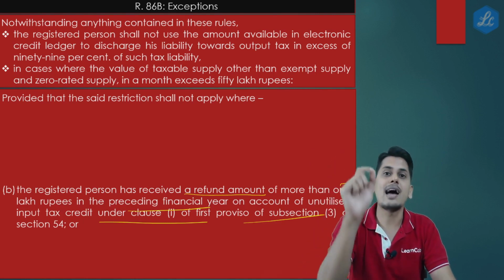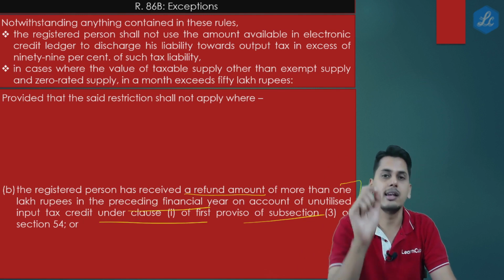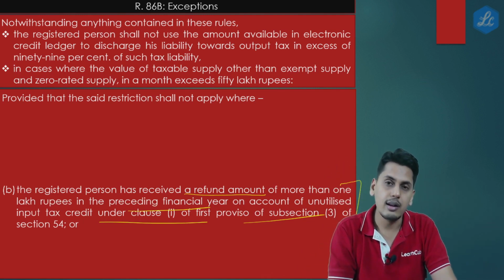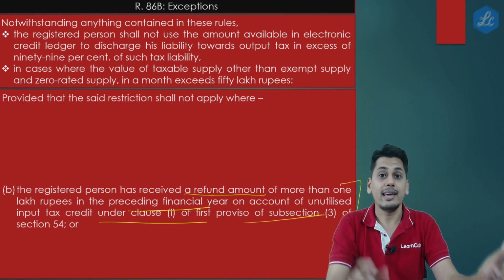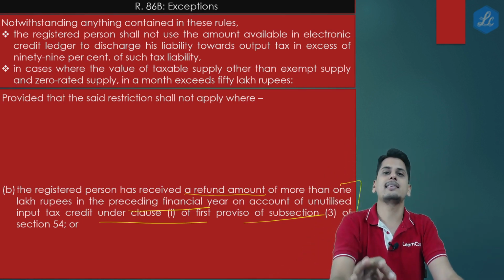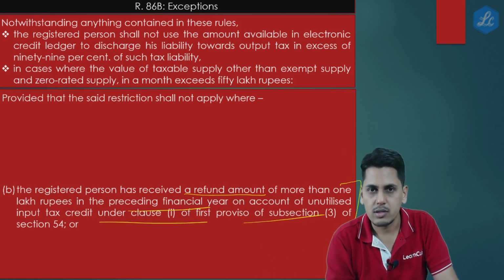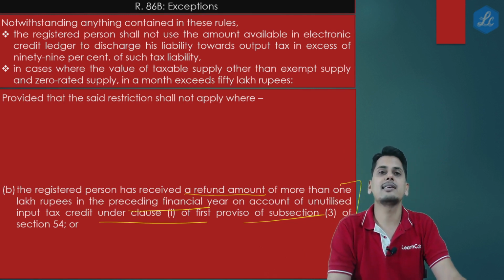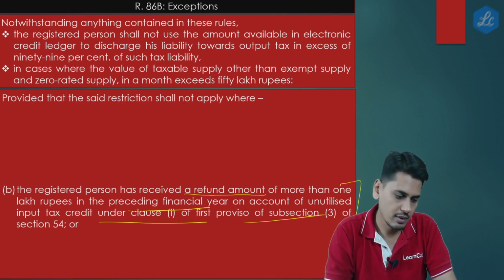For the reason of having made a zero rated supply under LUT, he has claimed a refund of unutilized input tax credit, then for that particular exporter in the current financial year, 86B will not apply. So friends, this is a relaxation which has been given. In this case, 86B is not going to apply.